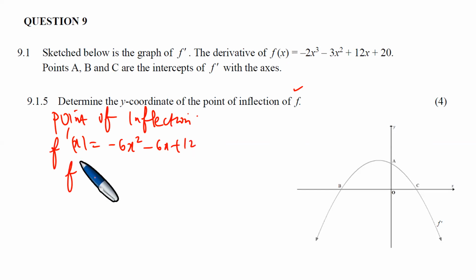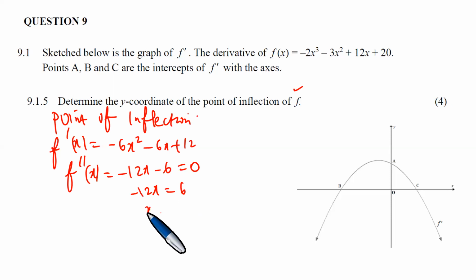Then you find the second derivative, which is -12x minus 6, and this is equal to 0. This means that minus 12x is equal to 6, which means x is minus 6 out of 12, which is minus 1/2.